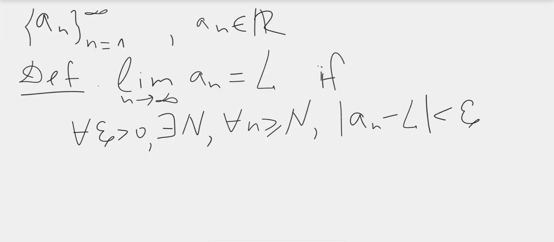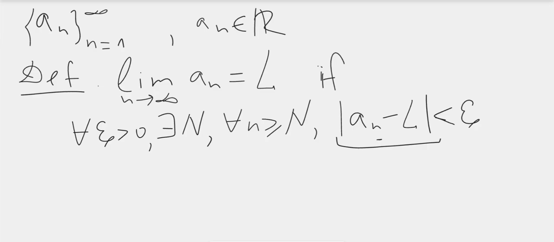So basically what this means is that we can make the difference between a_n and L as small as we need to, smaller than chosen in advance epsilon, by increasing the index of the sequence.